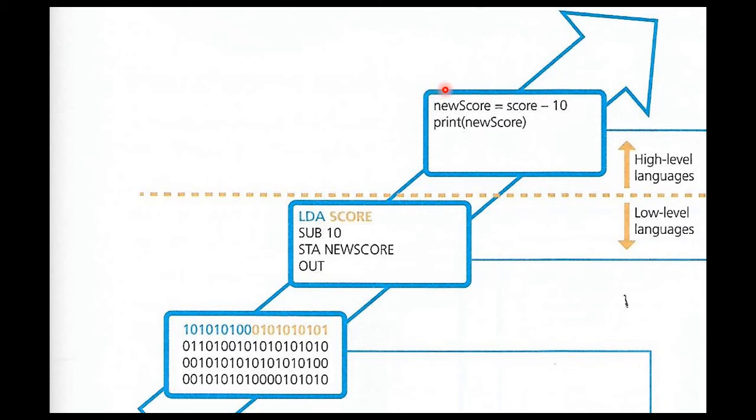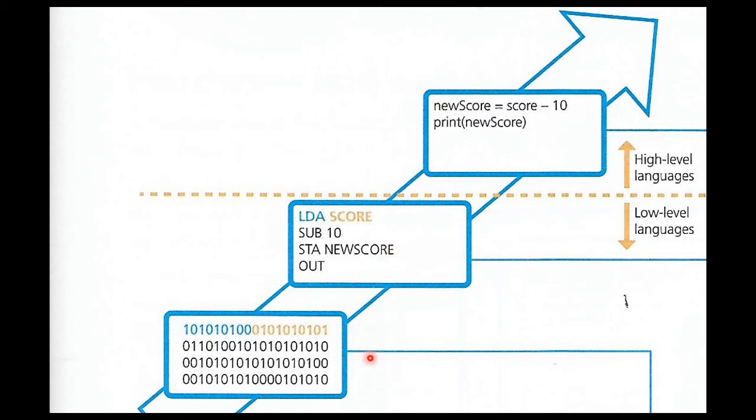We can see here that this, which looks like it's written in Python, has new score equals score minus 10 and then print new score. And down here, LDA score, so it's going to load the score, subtract 10, store the new score and output that.